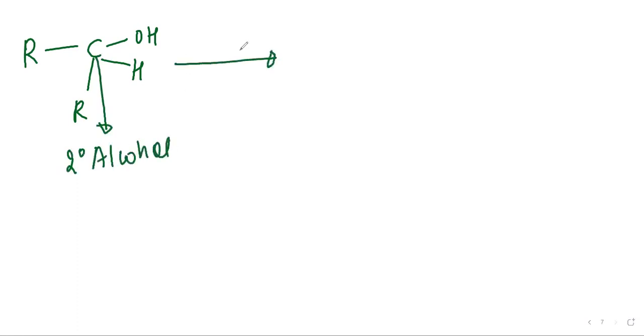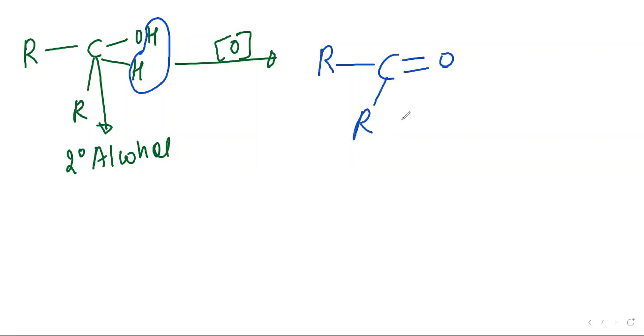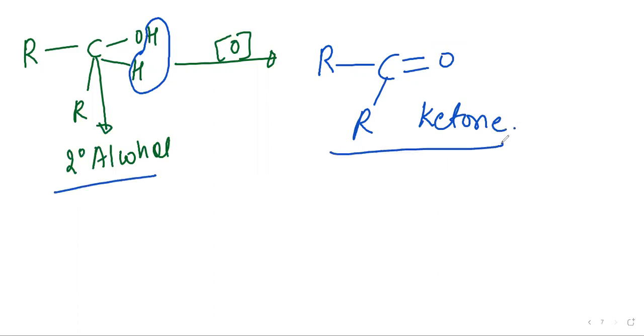When a 2nd-degree alcohol does oxidation, it forms a ketone, with removal of these hydrogens. So it will be formed, R C double bond O R. So this is your ketone. So a 2-degree alcohol is always converted into a ketone, and a 1-degree alcohol is converted into an aldehyde.